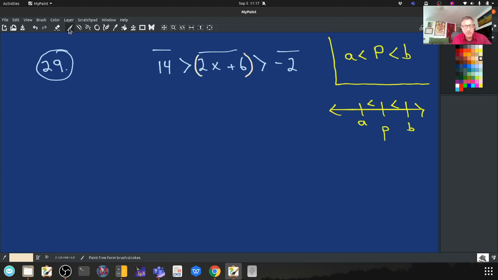So I'm going to suggest that when you do this, if you're not really good, you put that in parentheses. So now let's multiply everything by minus 1. Minus 1 times 14 is minus 14. That flips this sign. Minus 1 times 2x plus 6 is minus 2x minus 6.